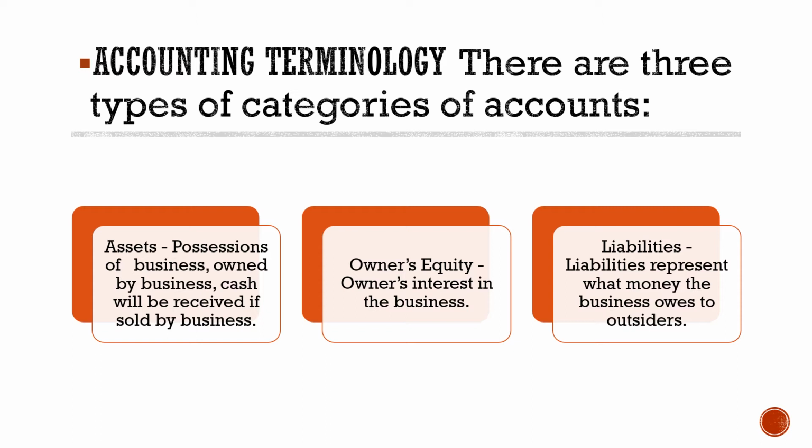Cash will be received if it is sold by the business at a later stage. Owner's equity is the owner's interest in the business. Liabilities represent what money the business owes to outsiders, to suppliers and banks and financial institutions where we borrowed money.